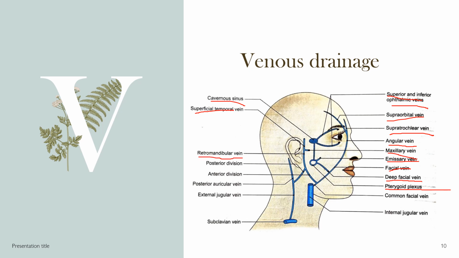Now this retromandibular vein goes down and gets into two divisions. One is the anterior division and the other is the posterior division.